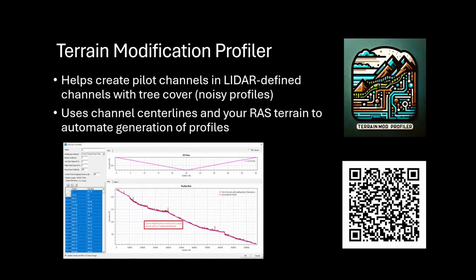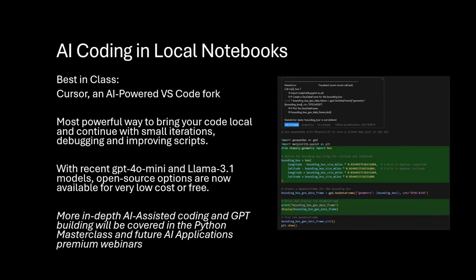But I think this is a really good bread and butter example of something that I came up with in an afternoon. It's well within what we want everybody who walks out of these webinars to be able to do: useful things directly around HEC-RAS, things it can't necessarily do in its default state.